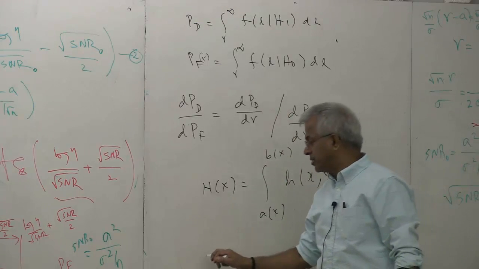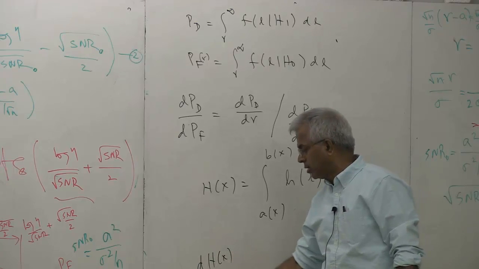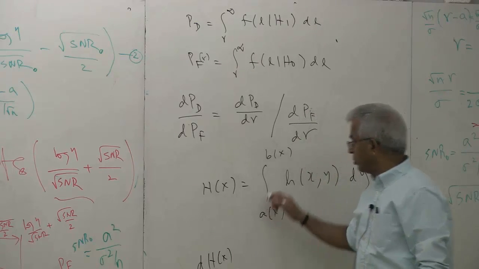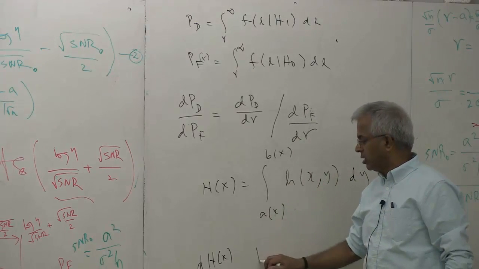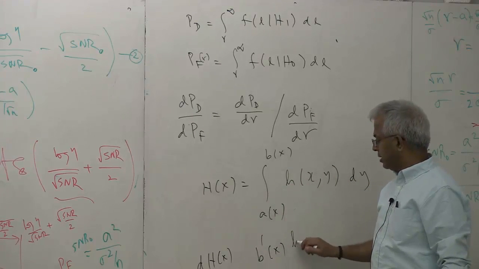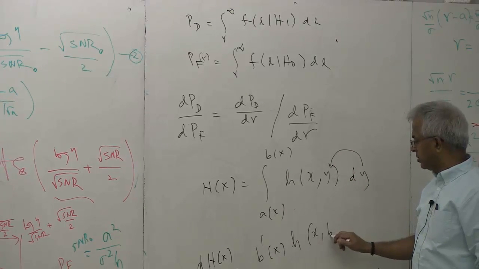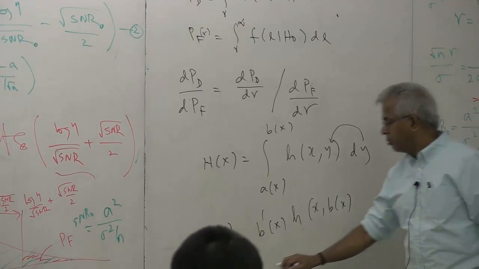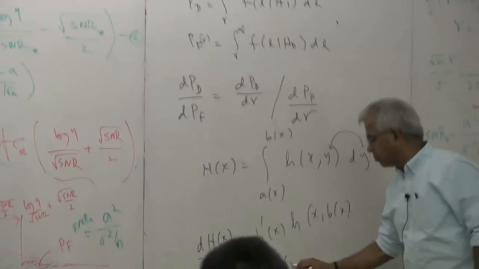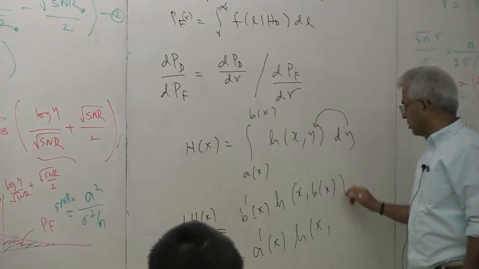Our case is a special case. I want to take the derivative of h with respect to x. The formula is, you can see this in any book: the derivative of b, the top limit, and then substitute the top limit wherever the variable of integration is, minus the derivative of the bottom limit with respect to x, substituting the bottom limit.